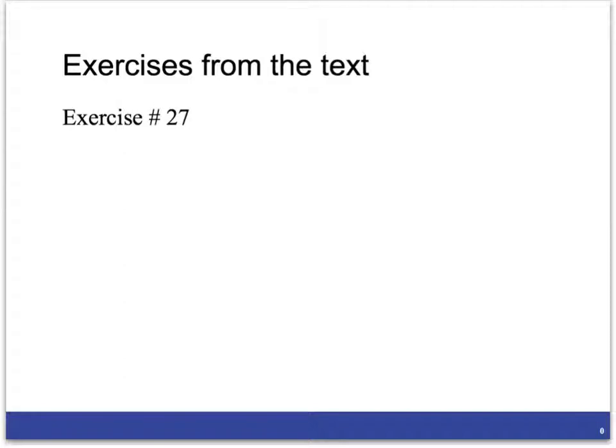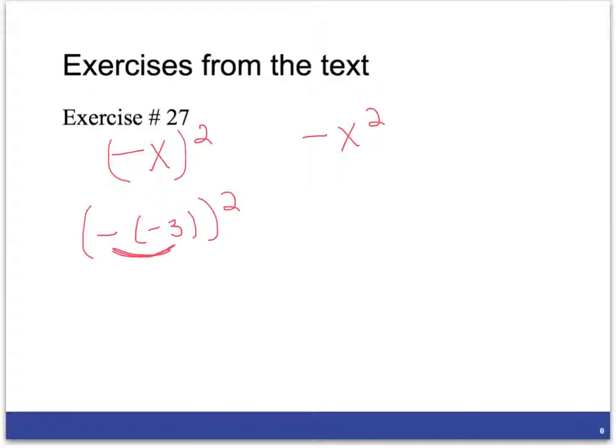Problem 27, it says to evaluate again. So we're going to plug in negative x squared, and then we have negative x squared. Again, the difference is where the parentheses are, and this time our x is a -3. So we're going to say -3 squared. Remember what happens here?